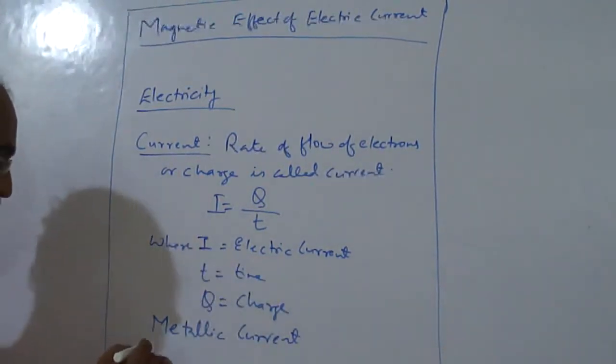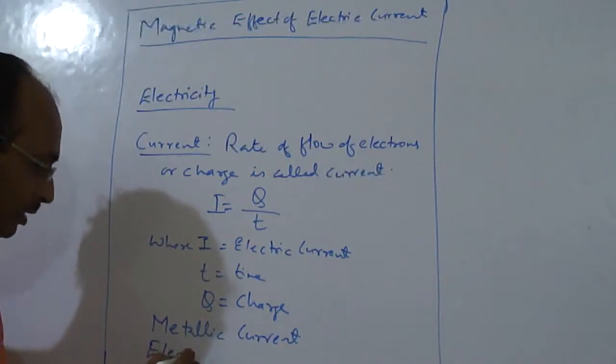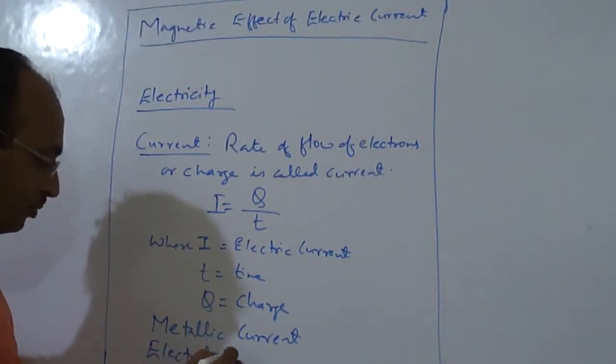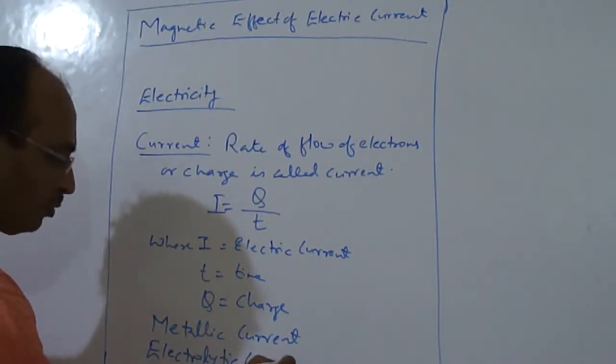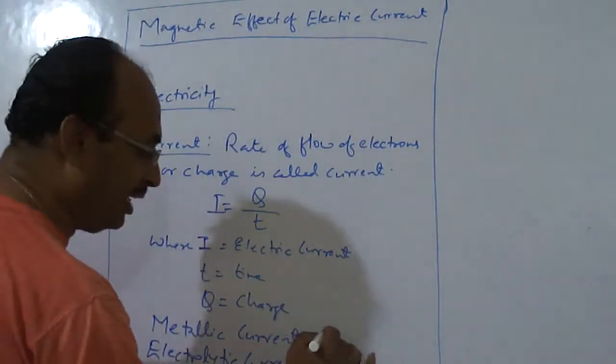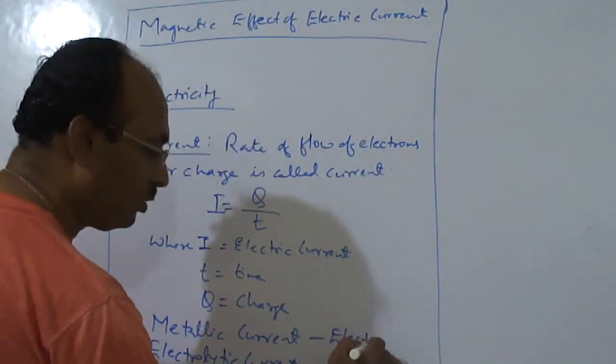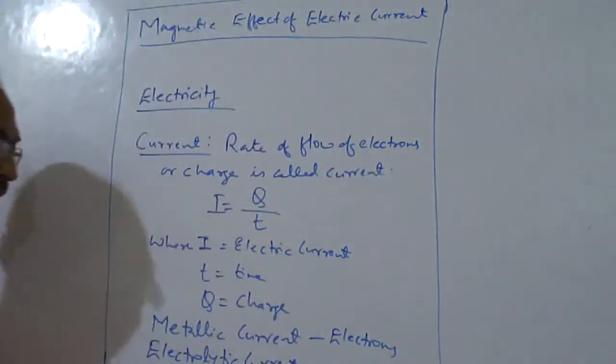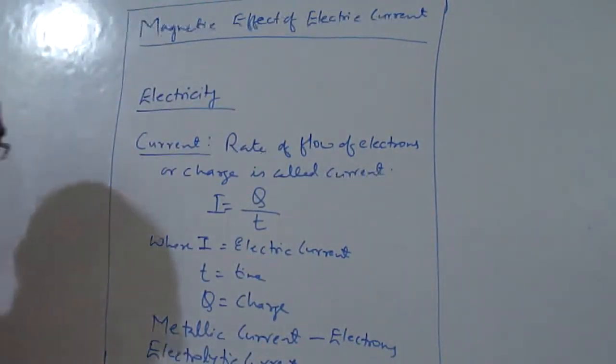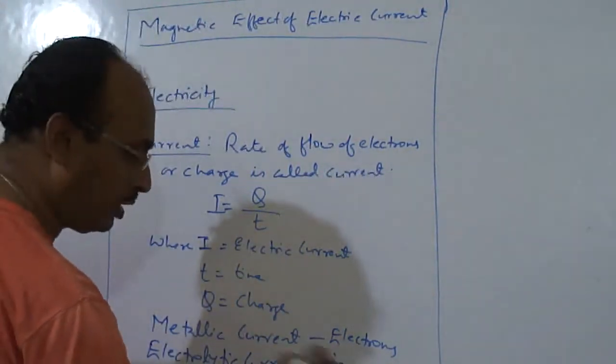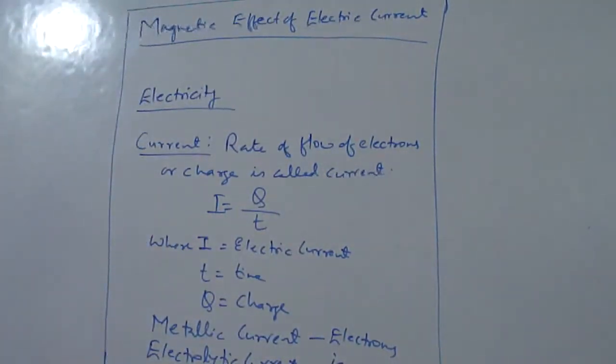And when will it be electrolytic current? In metallic current, the charge carriers were electrons, and in electrolytic current, the charge carriers are ions. Correct? Yes, sir. Okay, you have understood this? Yes, sir. Right.